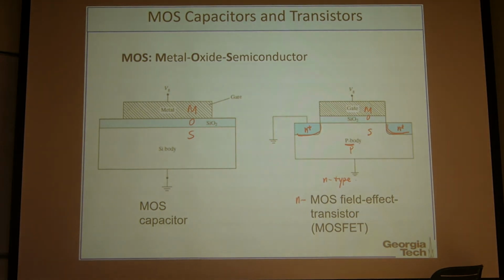You need to notice that if your body is P-type, the transistor is called N-type transistor. This is a little bit confusing or counterintuitive. But we will see later why this is N-type MOSFET.